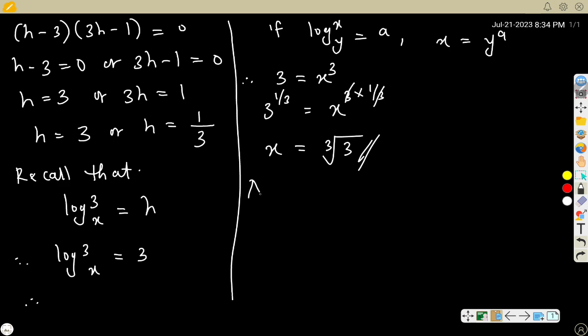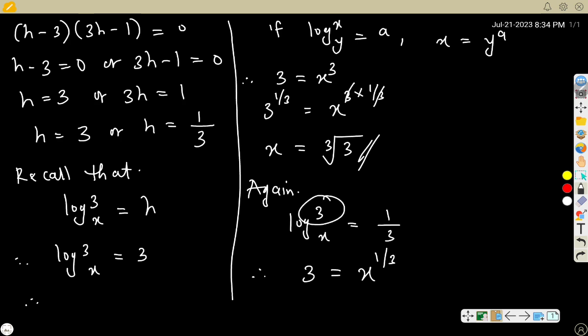Again, log 3 base x is equal to 1 over 3. Remember h is 3 or h is 1 over 3, so we put 3 first. Now the second one: 3 will be equal to x raised to power 1 over 3. We carry this number as power. How can you clear this 3?